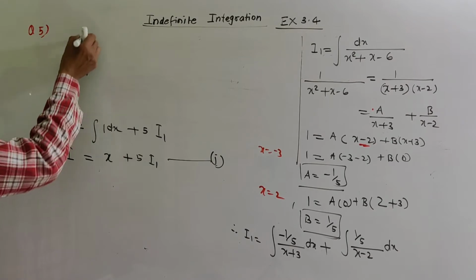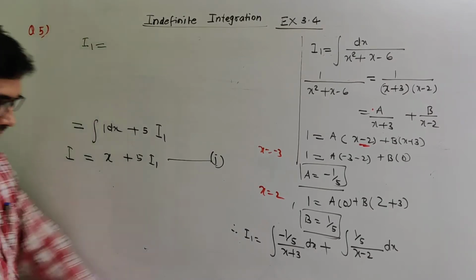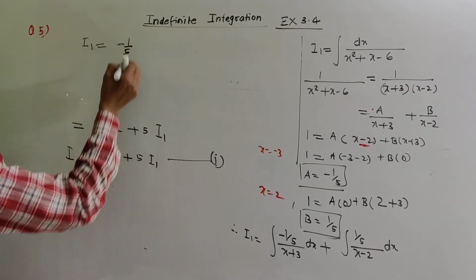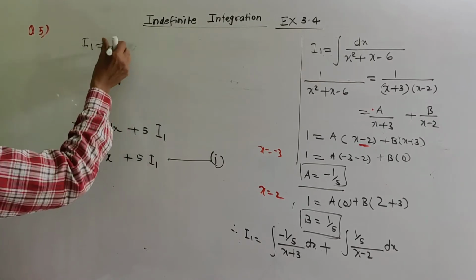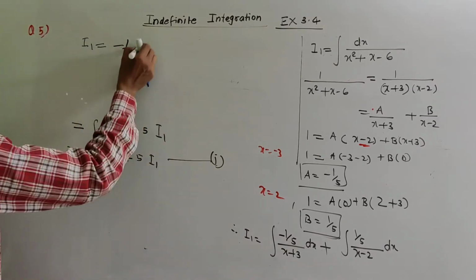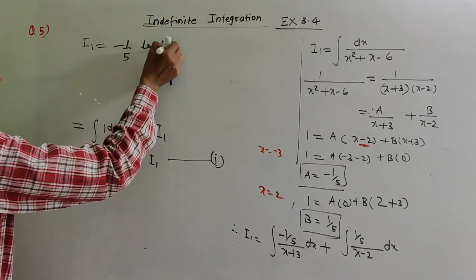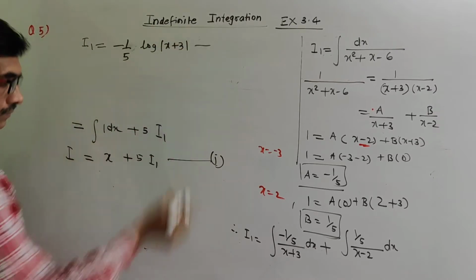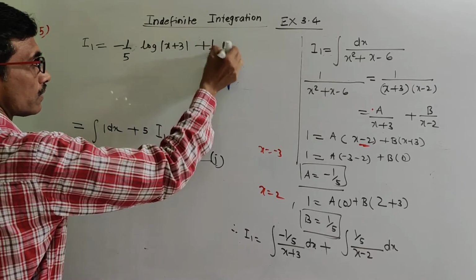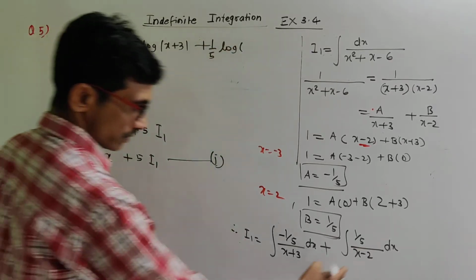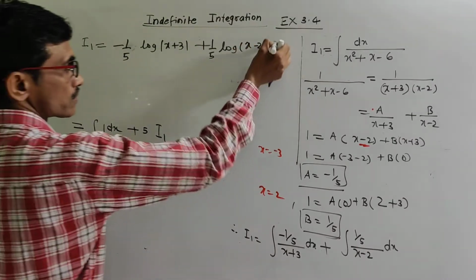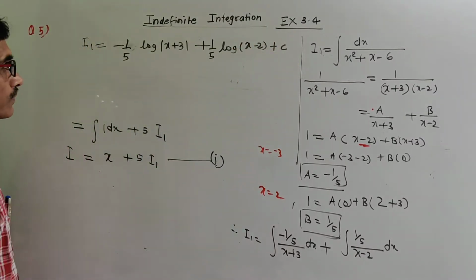I1 will be equal to minus 1 upon 5 log of x plus 3 and plus 1 upon 5 log of x minus 2 plus constant of integration c.